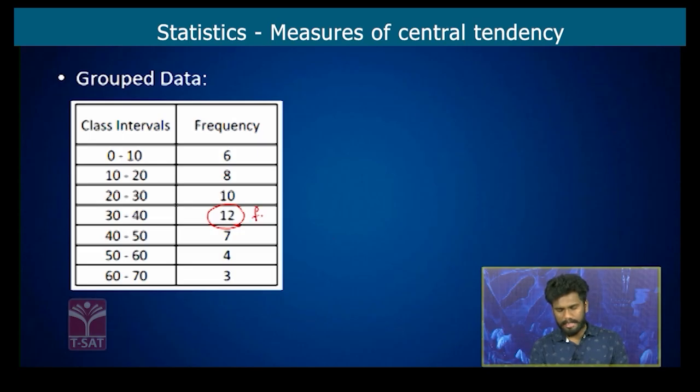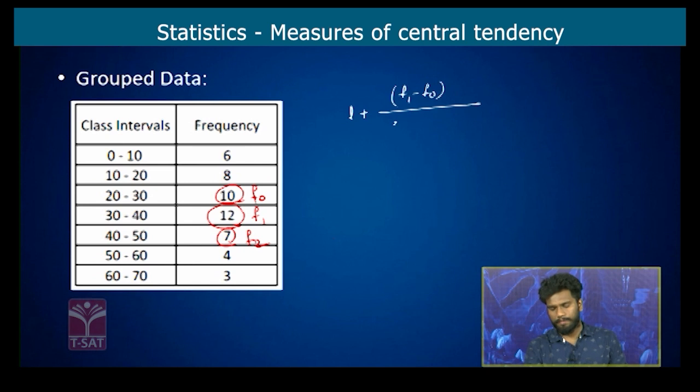Let us consider it as f1, the preceding frequency we call f0, and the succeeding frequency we call f2. I'm writing the formula: L plus f1 minus f0 divided by f1 minus f0 plus f1 minus f2, into the width of the class interval.